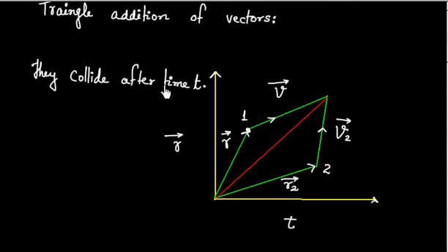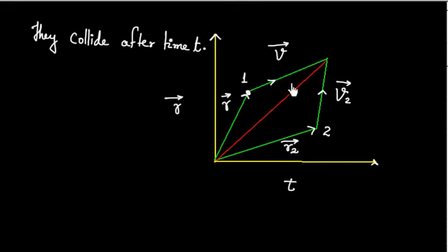Are you getting? So we can calculate this vector. This vector is v1 into t, because displacement is velocity into time. And what about this vector?